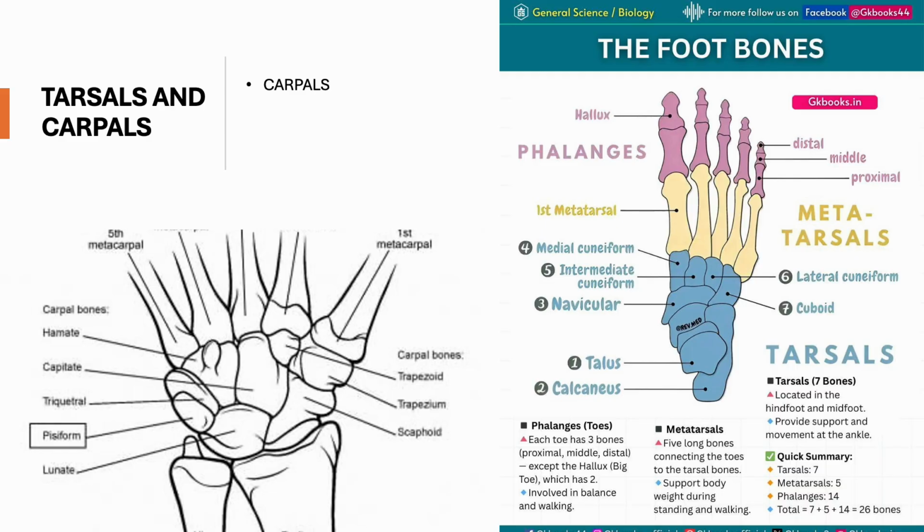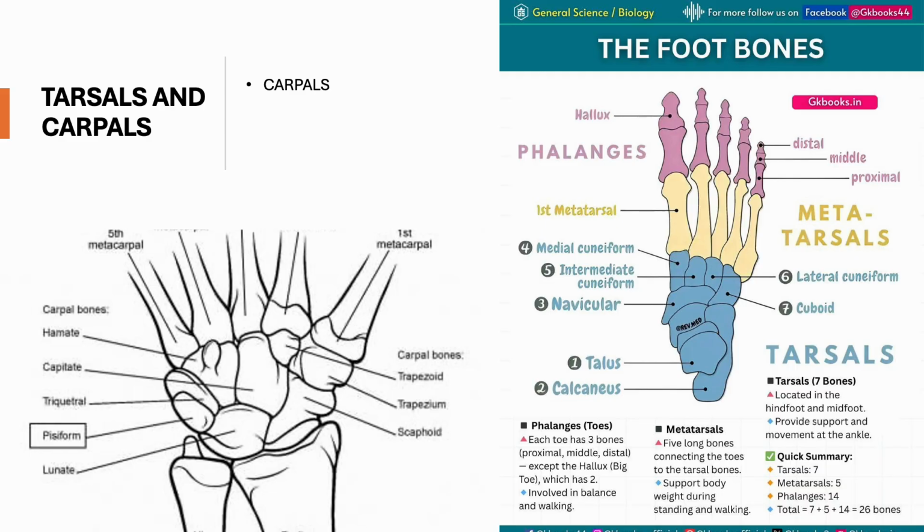Okay. The foot bones. Laterally we have the cuboid bone. Medially we have cuneiform bones that are arranged from medial to lateral: medial cuneiform, intermediate cuneiform, lateral cuneiform. Those are the 3.